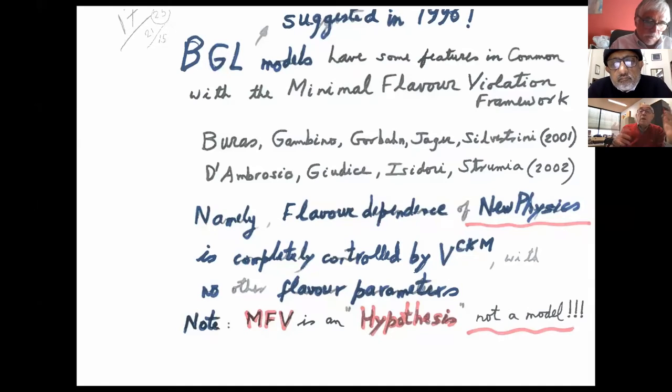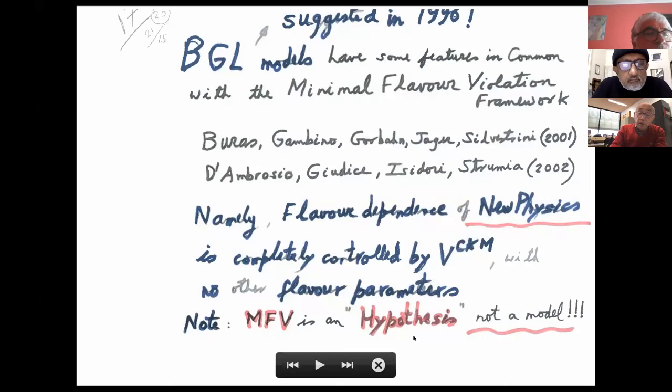They say that maybe you have new physics, but the flavor part only depends on VCKM. We had done it before, in a model, but we didn't make the propaganda. They didn't use any model, it's just a hypothesis. We have a specific model.